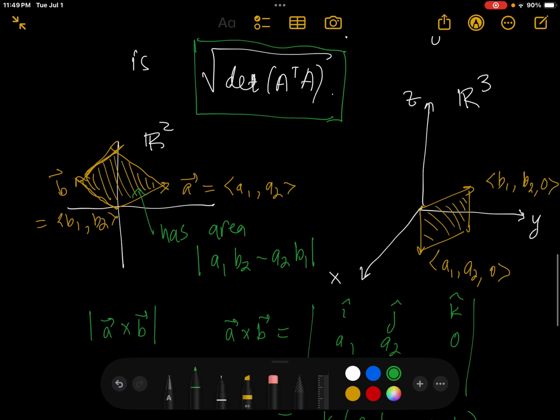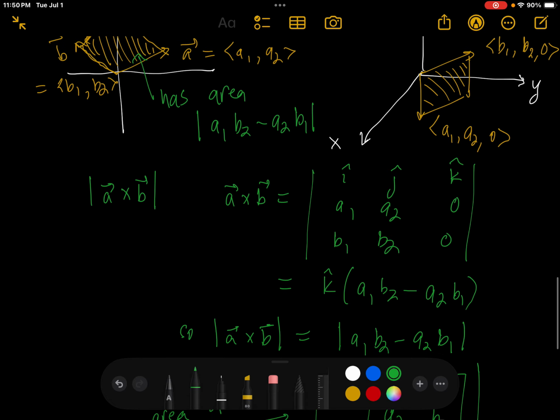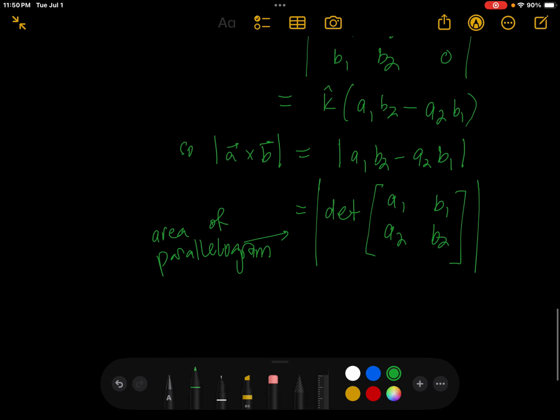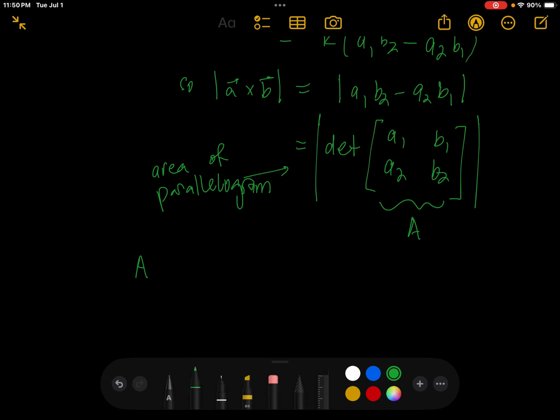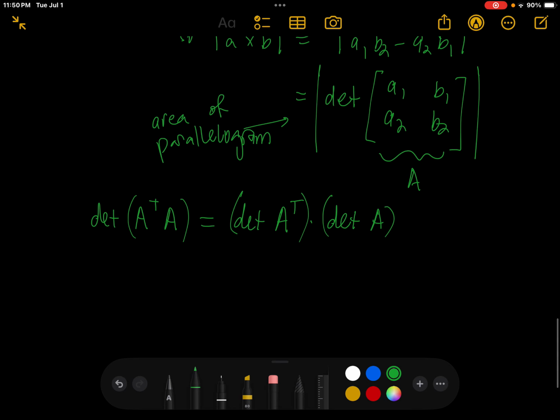Which, if you think about it, is still the square root of the determinant of A transpose A. So if you call this matrix A, the determinant of A transpose A is the same as the determinant of A transpose times the determinant of A. So here we're using the fact that A is a square matrix. It's a 2 by 2 matrix.